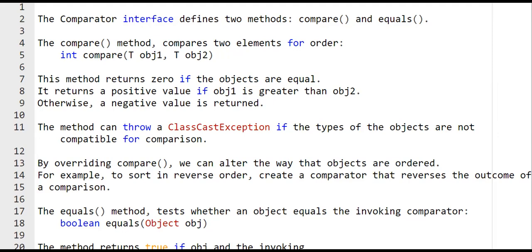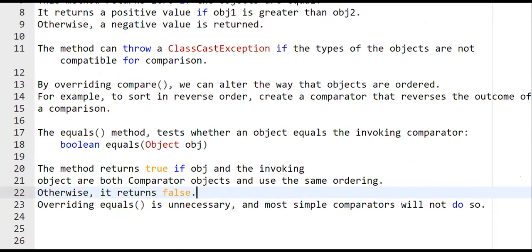So the equals method is used to equate two objects. Here we can test whether an object is equal to the invoking comparator or not.